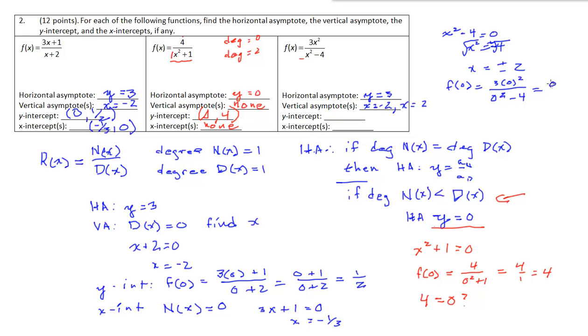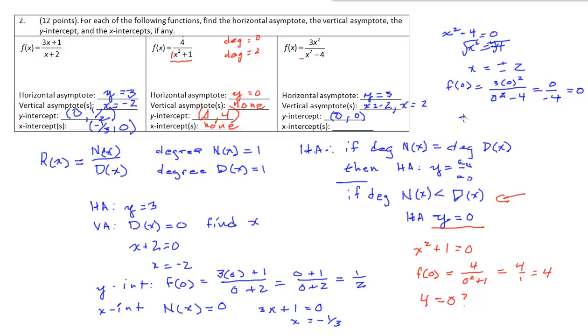Well, that's 0 over negative 4, and that's 0. So the y-intercept is 0 when x is 0. 0, 0. The x-intercept, we set the numerator equal to 0.